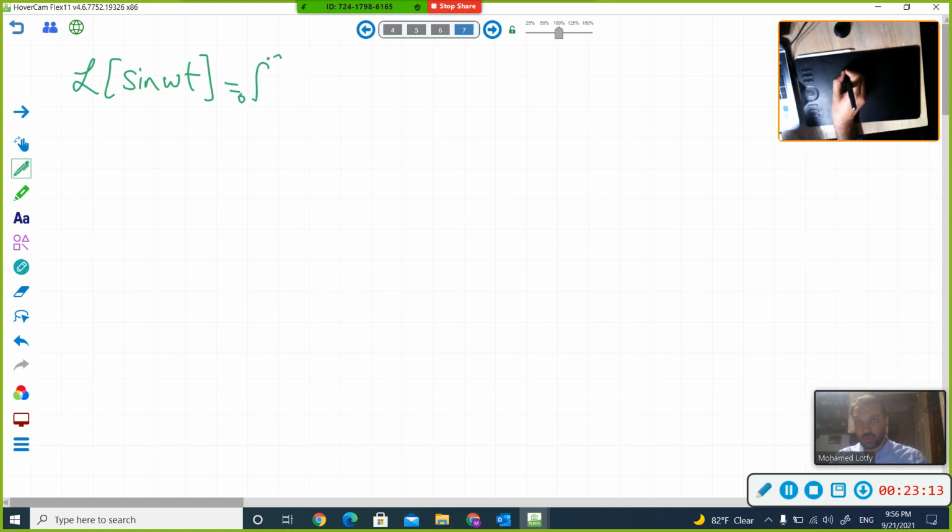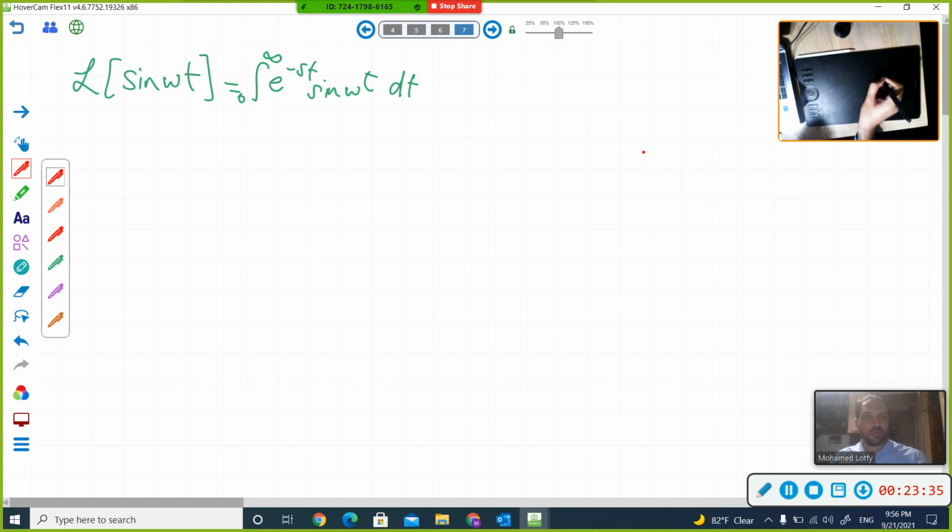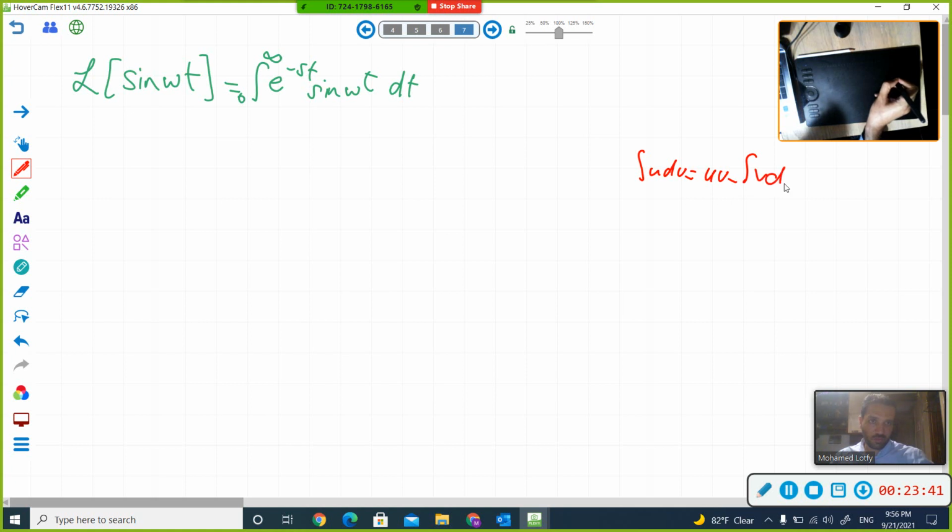It will be the integration from 0 to infinity of e to the power negative st times sine omega t dt. So let's integrate it by parts: the integral of u dv equals uv minus the integral of v du.